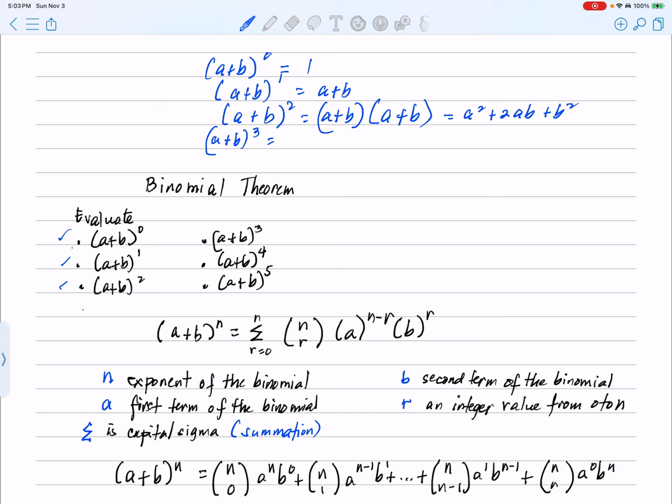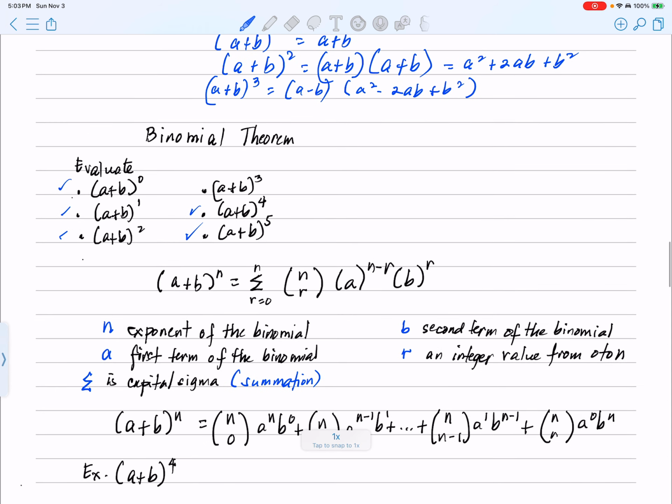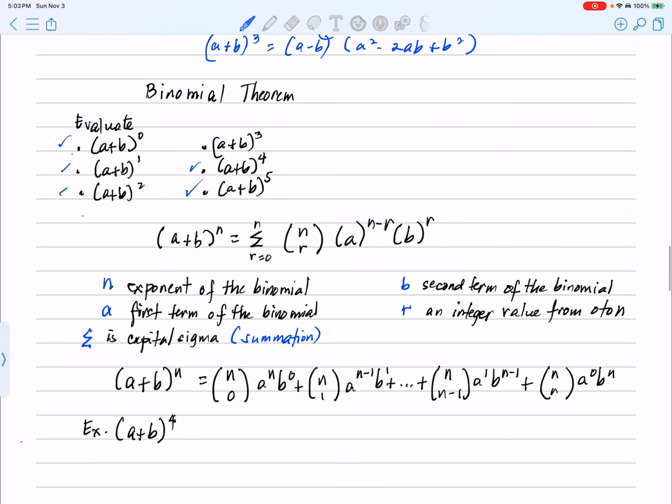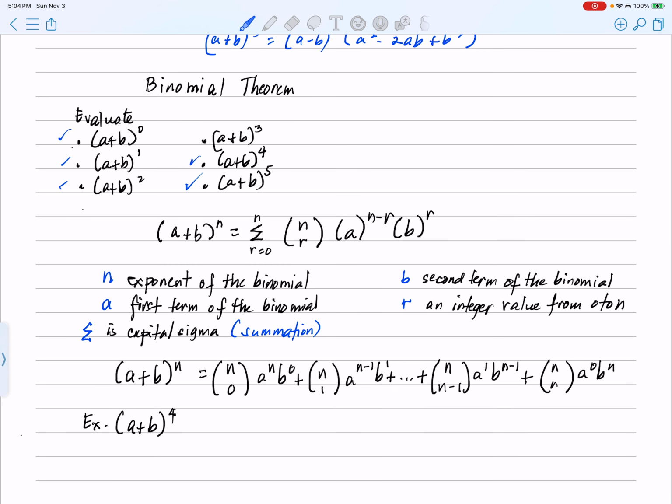You can say a plus b as the first factor, and a squared plus 2ab plus b squared, and then multiply and expand. But how about if you have a higher degree? It will take so much time to expand. So by doing this, we can use the binomial theorem formula.